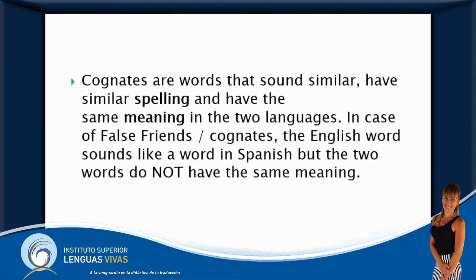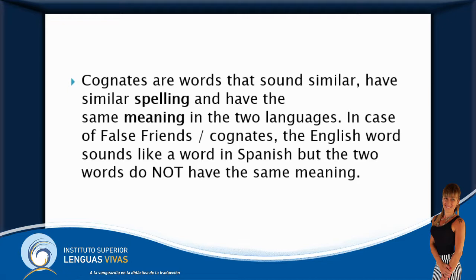Then, the thing about cognates. You know that they are words that sound similar, have similar spelling, and have the same meaning in the two languages. But in the case of false friends, the English word sounds like a word in Spanish, but the two words do not have the same meaning.